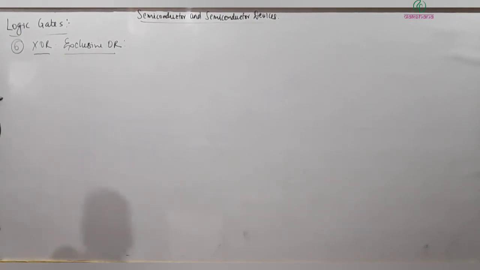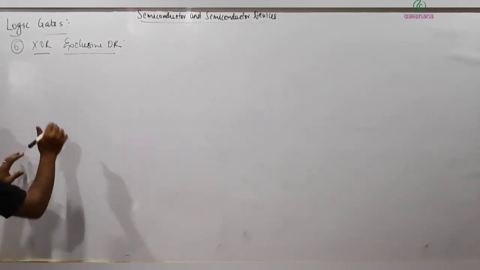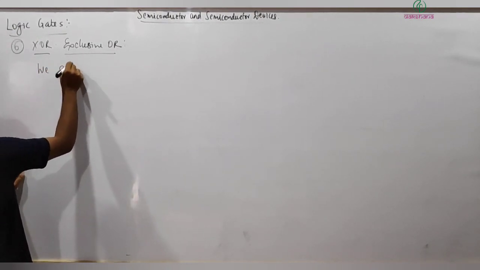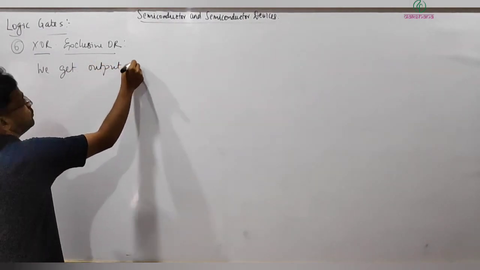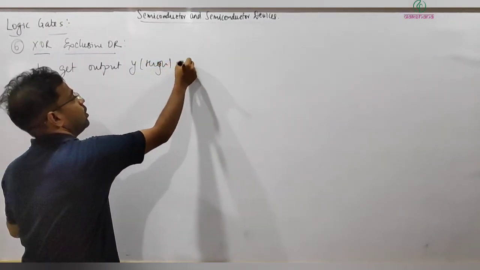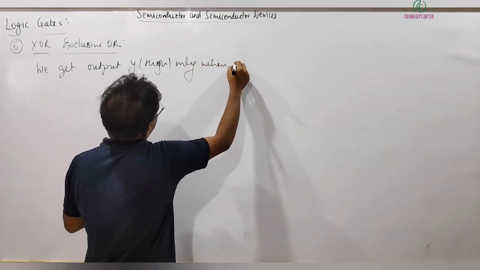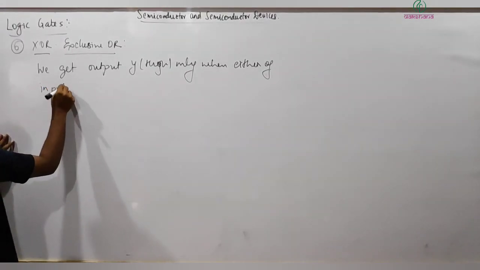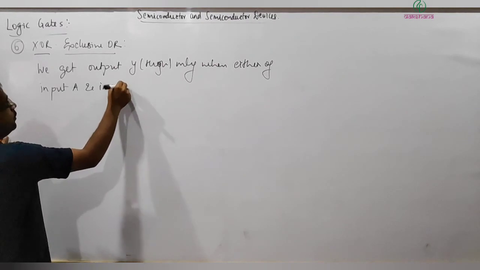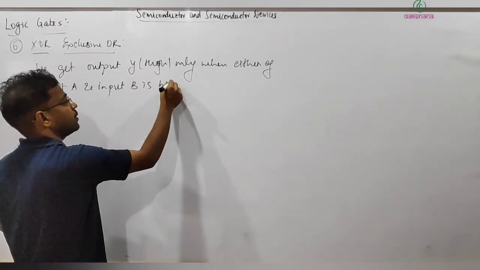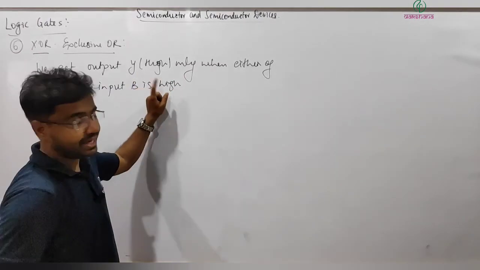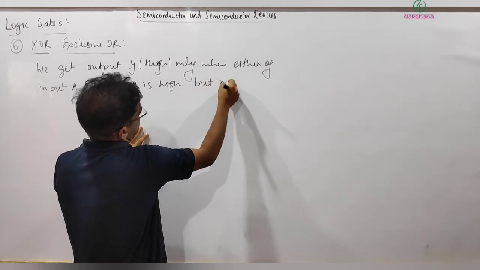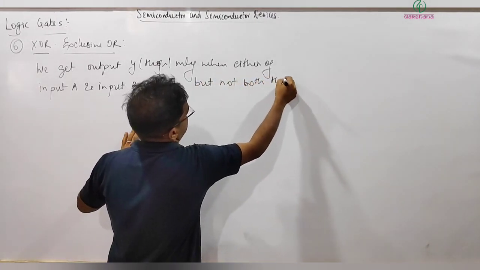So XOR gate, this is also called exclusive OR. Here we get output Y high only when either of input A and input B is high, but not both high.